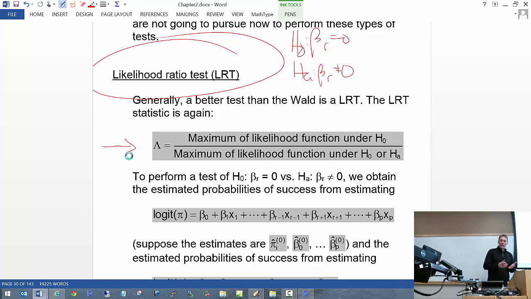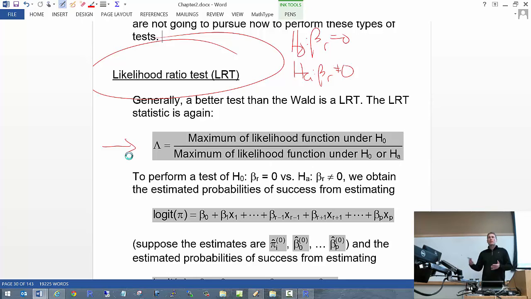So what you would do then is get your beta hats for this null hypothesis model, get your corresponding pi hats for that model, plug it into the likelihood function that we've seen in the past for the pi's. Then on the denominator is the maximum possible value of the likelihood function under H0 or HA. Now, this will end up being basically the model that includes all your explanatory variables, so including the x sub r.